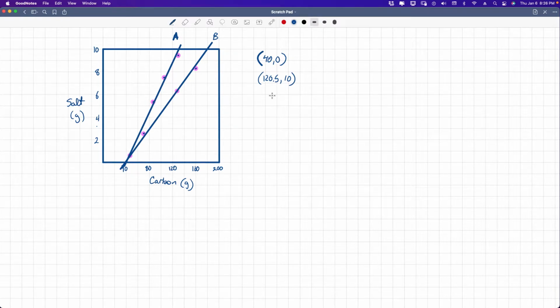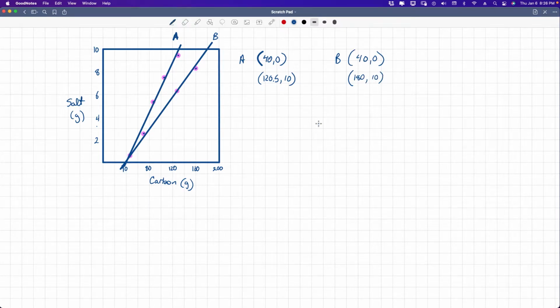This is line A. Line B looks like it started at 40 and 0 also, and it ended up at, this looks like 180 and 10.